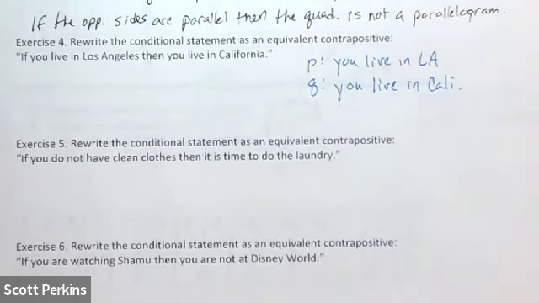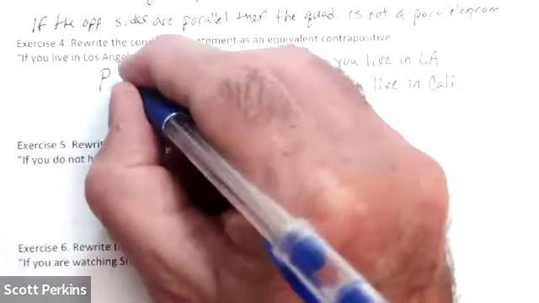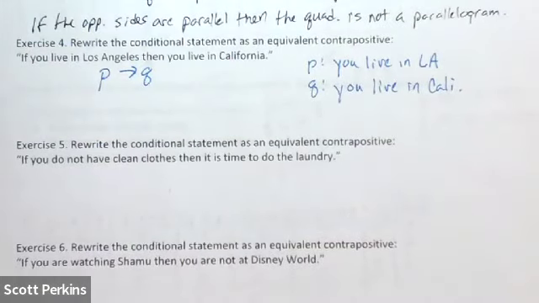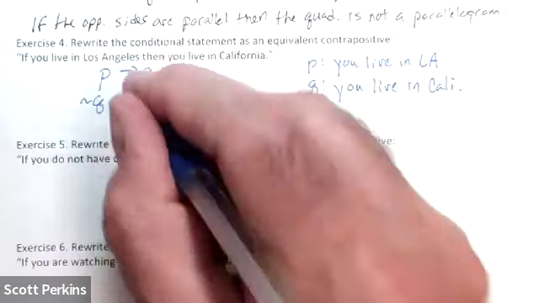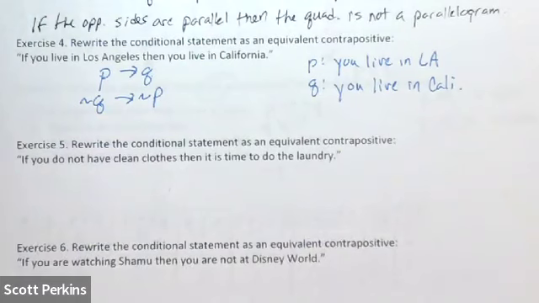So what that means is my original statement, if you live in Los Angeles, then you live in California, is P, then Q. Again, from the truth table at the top of our page, the contrapositive is what you get when you flip the order and negate. So instead of Q, I'm going to have squiggly Q. Instead of P, I'm going to have squiggly P. And now I'm going to write that in words.